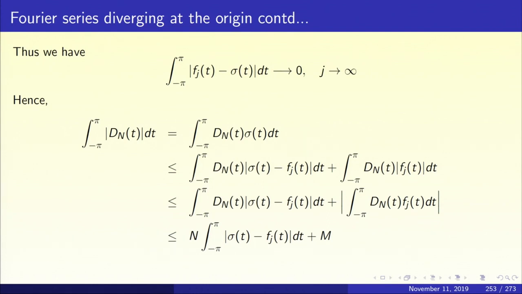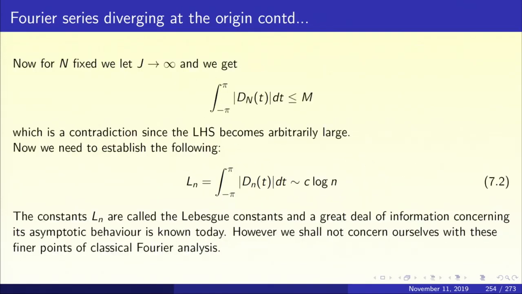Now allow the j to go to infinity, and the first piece, integral minus pi to pi mod sigma(t) minus fj(t) dt, goes to 0. And so we are left with integral minus pi to pi mod dn(t) dt less than or equal to m. That's exactly what I said. You see in the slide now.